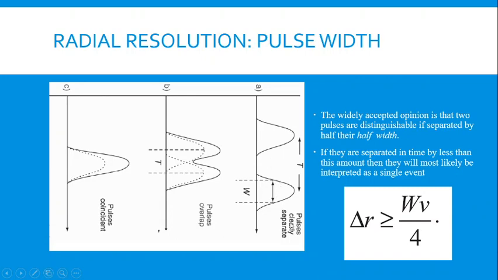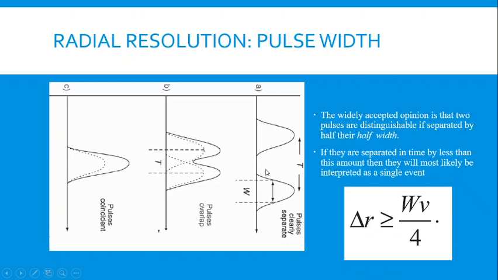In the case of figure A, we can see the pulses are clearly separate. If this separation is sufficient for any target to be identified between these, if the dimension of the target is one fourth or one half of W, where W is represented here as the half width.